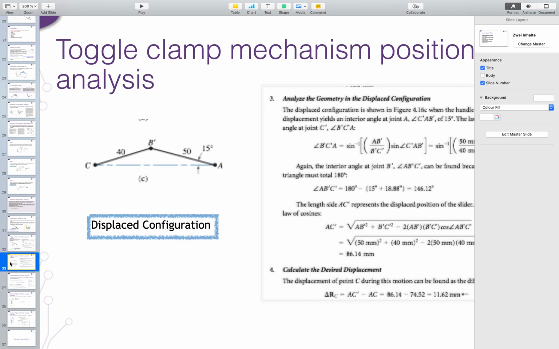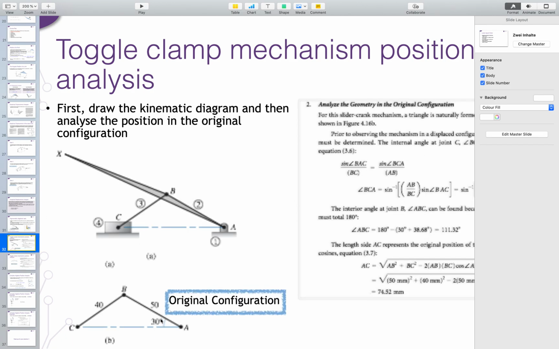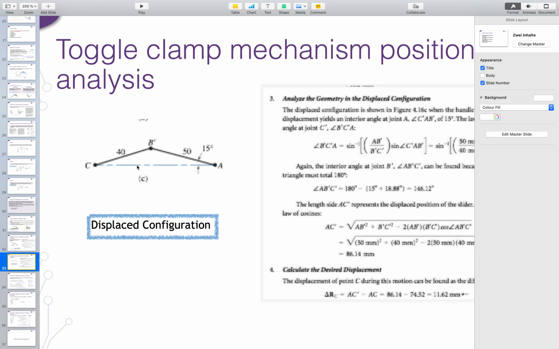So the question is, if I change this angle and apply an angular displacement, pushing this down, what would be the linear displacement of point C? Because if I push this down, C would move, right? This is the original configuration, and this is after the displacement.